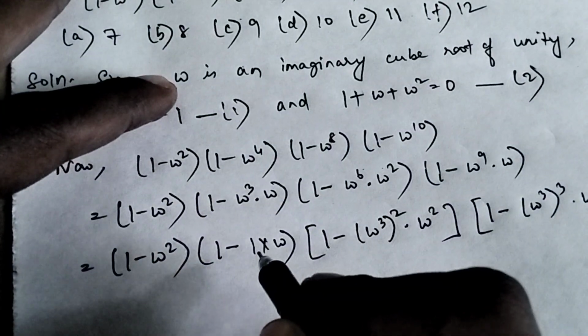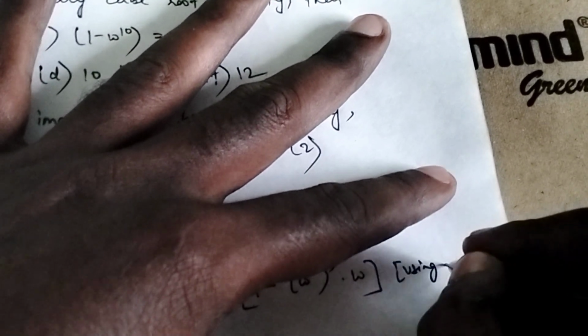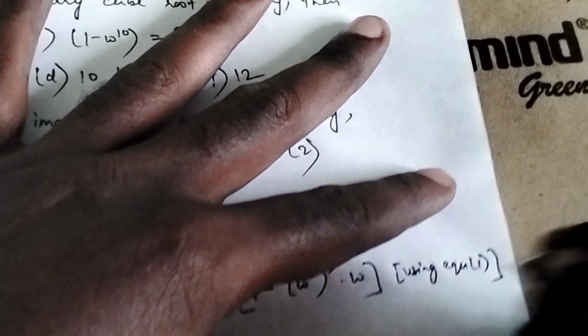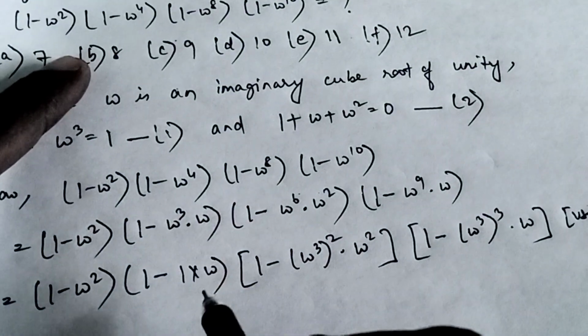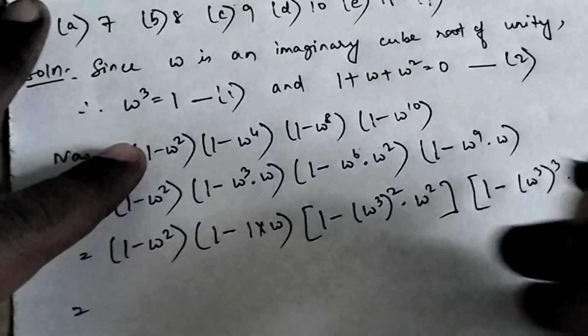Here we have to write using equation 1. Omega cube is equal to 1 we got using equation 1. In the next step also we write this using equation 1.